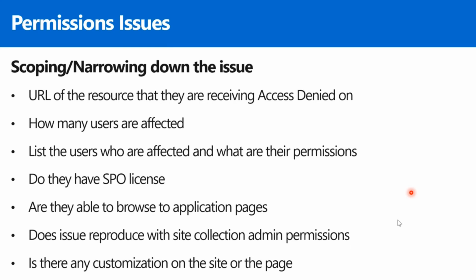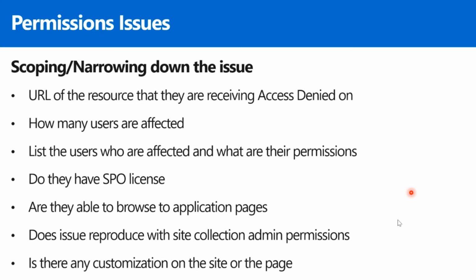As an admin, you would be able to do that. And how would you find what permissions are there on that resource? Yes, we spoke about it: using check permissions, right? So figure out from check permissions what effective permissions are listed for that user on that resource. Figure out if it's a licensed user or not.